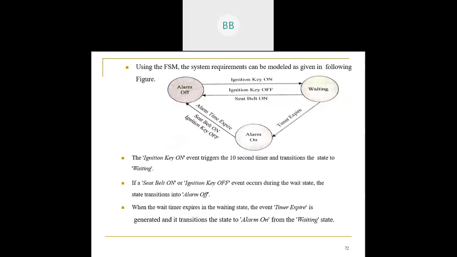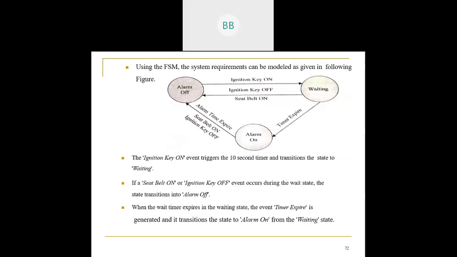At 10 seconds, the timer expires and the system changes from the waiting state to the alarm on state, where the beep sound is heard for 5 seconds.